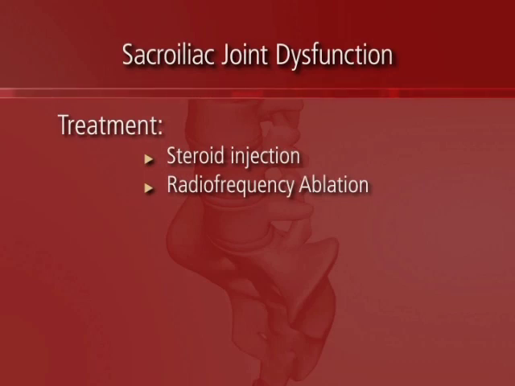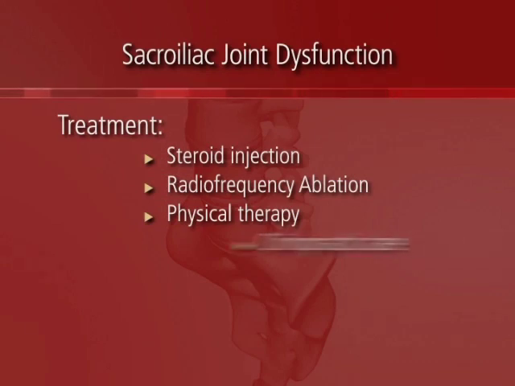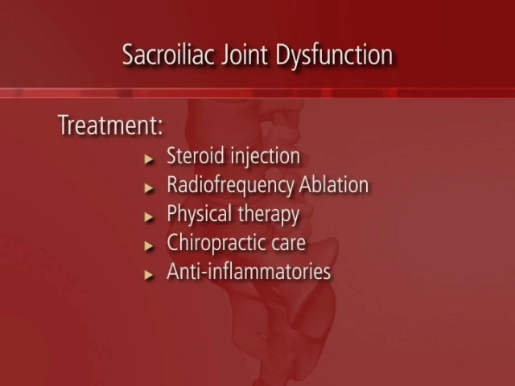Beyond the injection, other treatment options for sacroiliac joint dysfunction are a combination of either physical therapy or chiropractic care to mobilize the joint or to stretch out the ligaments or reinforce the ligaments around the joint. Medication-wise, we use anti-inflammatories to address the pain in this region. Coordinated Health has two alternative treatments for sacroiliac joint dysfunction that are very effective. One is called prolotherapy.